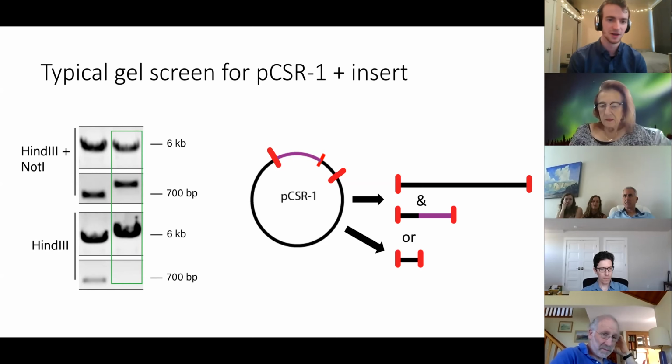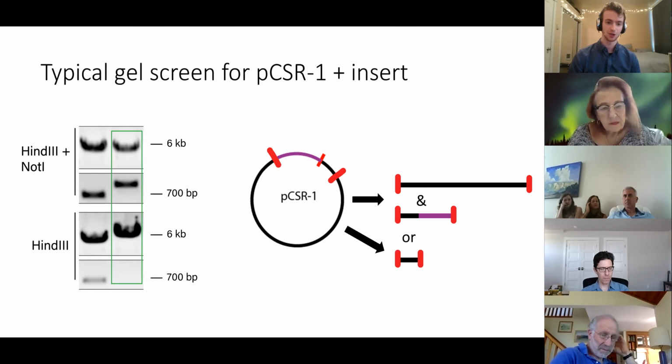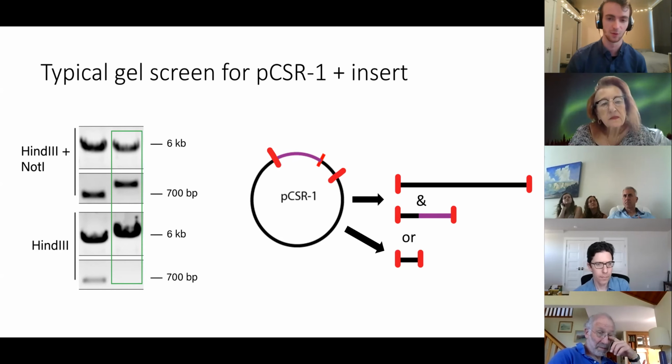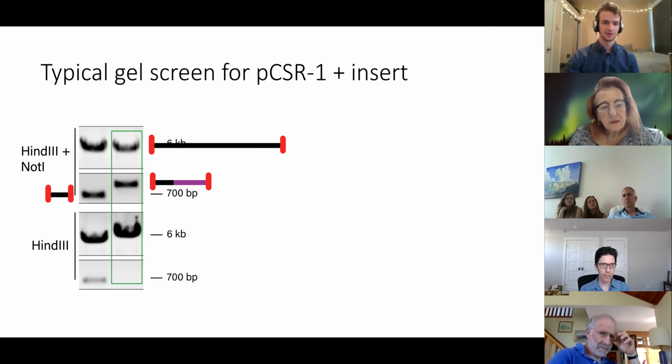And indeed, near the 700 base pair marker, we see a larger insert in one of the positives than in one that was negative. And indeed, I found positive inserts for all of my strains with a good number of repeats, which was nice. I put that up there so you can see what bands belong to which.